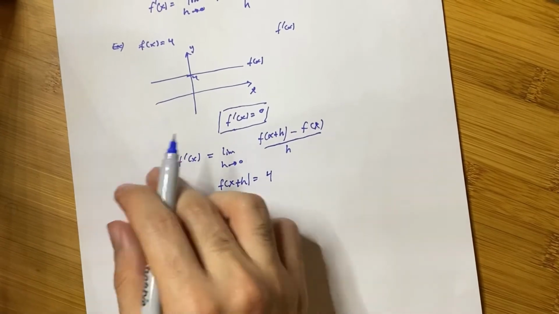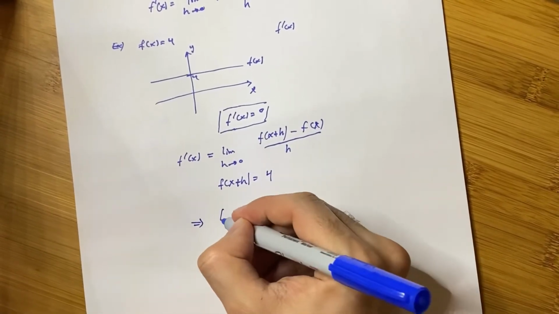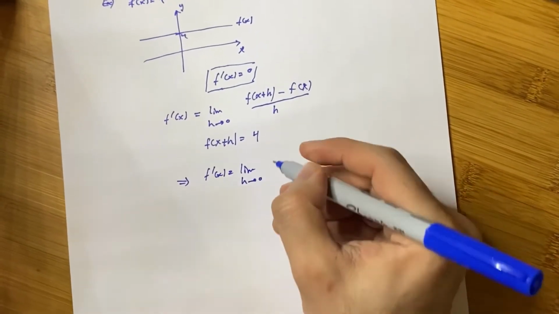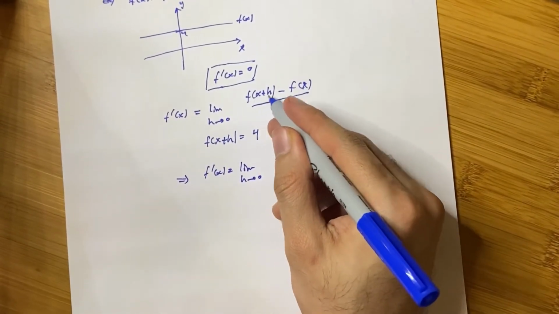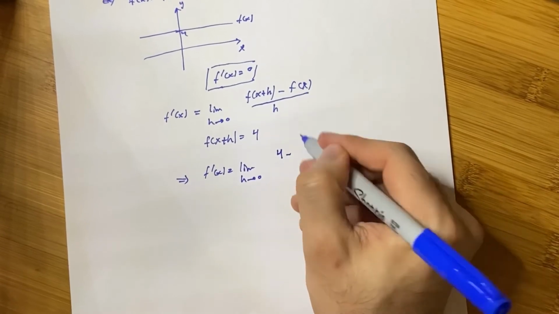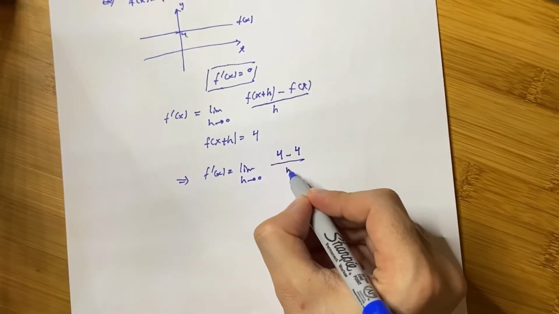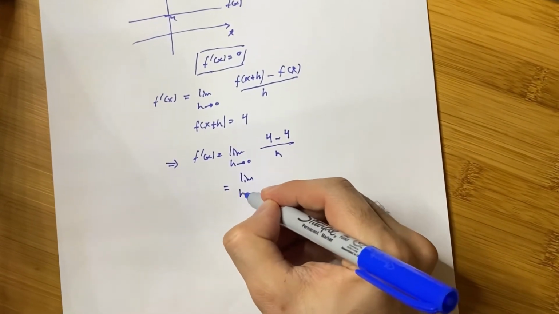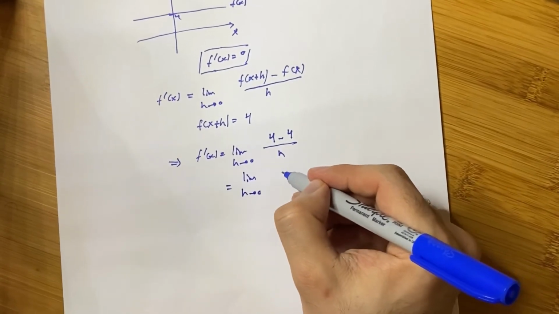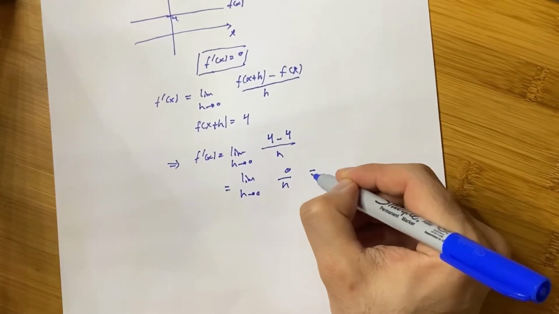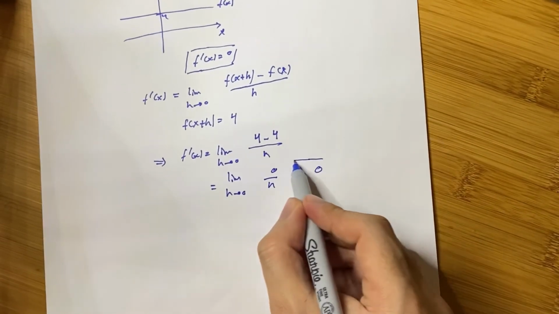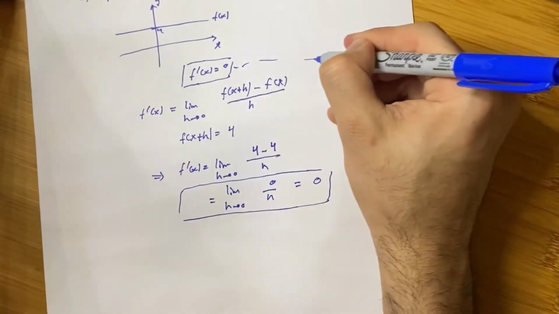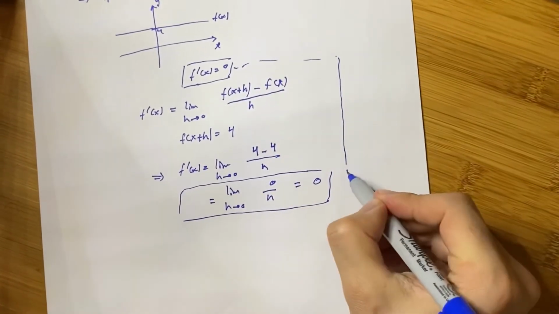It's a constant, so when we take the limit, f prime of x is equal to the limit as h goes to 0, as this term will be 4, and this term will be again minus 4, over h, and that will be the limit as h goes to 0 of 0 over h, and that will be just 0. This is the same conclusion.